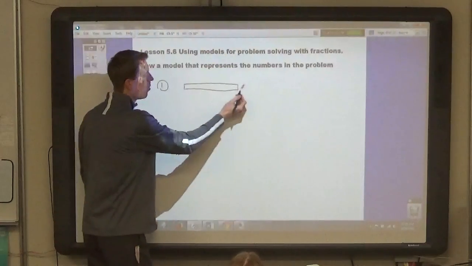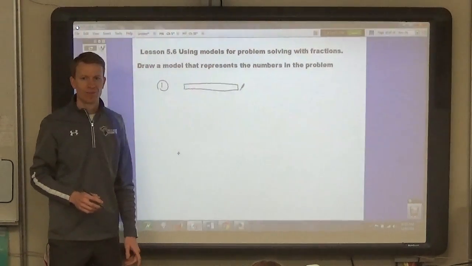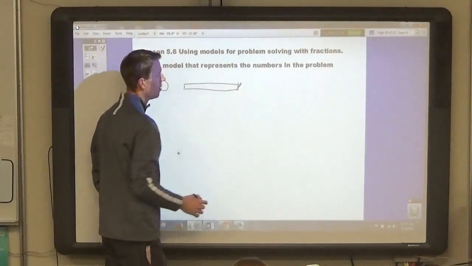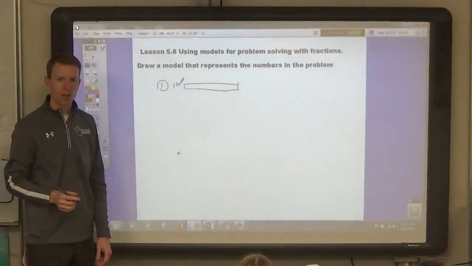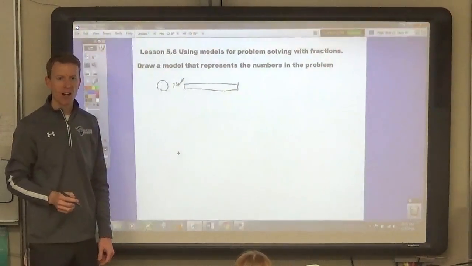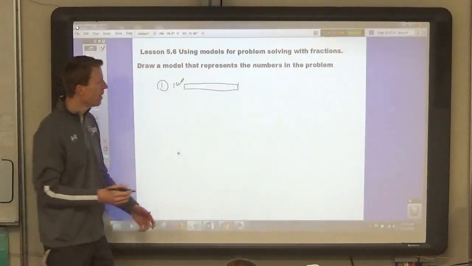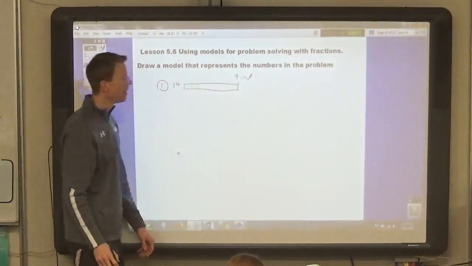This box represents what? Yep, and it's the first piece. So I label it the first one. And how long is it? 9 inches, yep. This one's 9 inches.